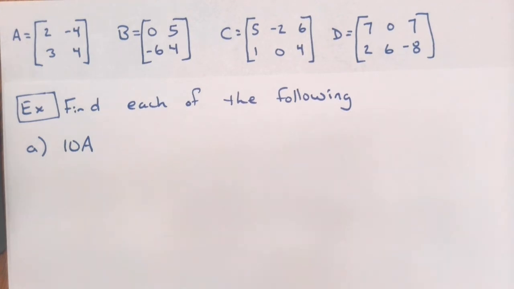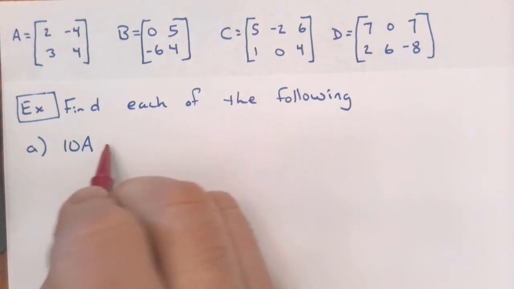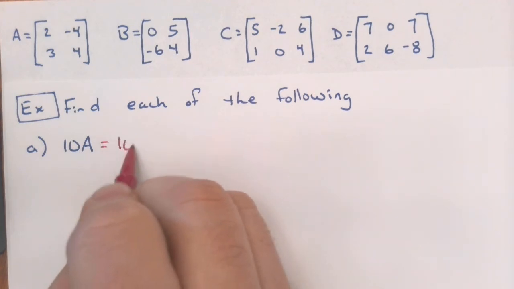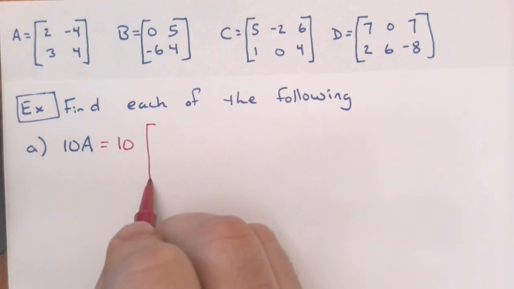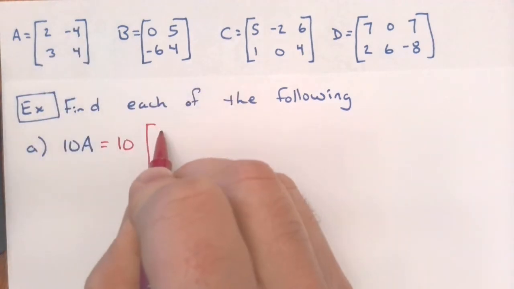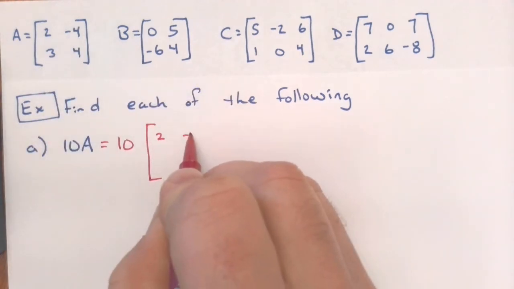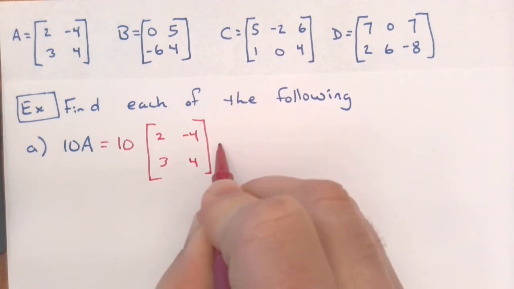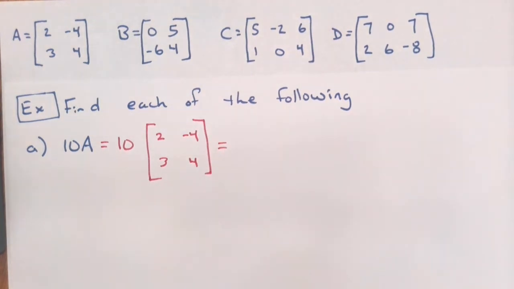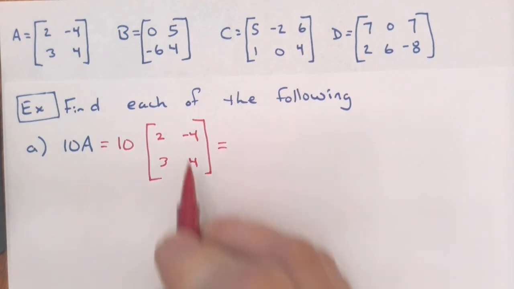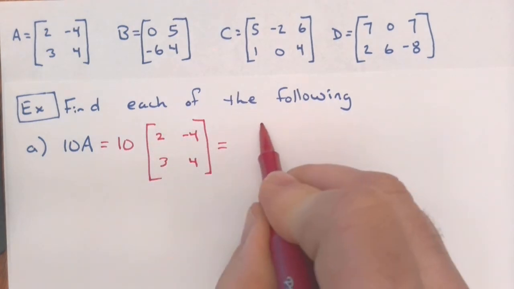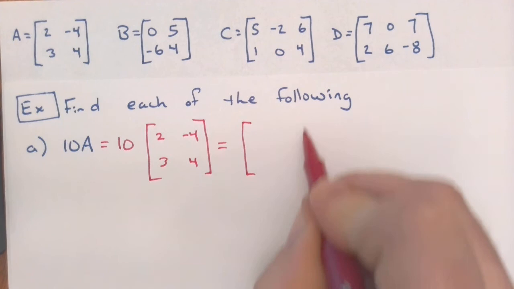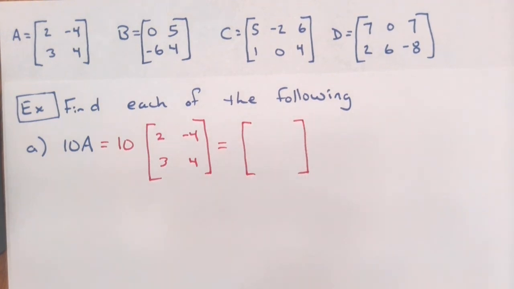So for this problem, I want to do 10 times matrix A. Matrix A is our 2 by 2 matrix, 2, negative 4, 3, 4. When you do scalar multiplication, your final answer is going to be the same size as the original matrix.